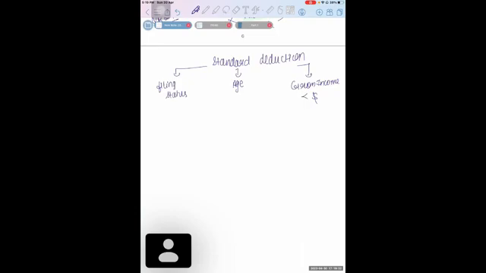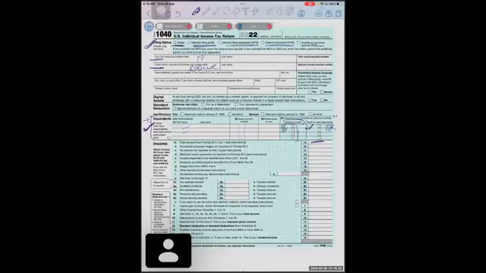Now, what is gross income? If you see over here, all the incomes which are listed, line 2, line 3, 4, 5, 6, 7, 8, are the gross income, meaning before any adjustments.